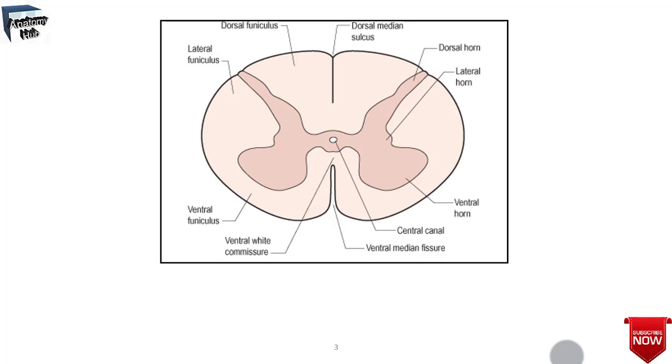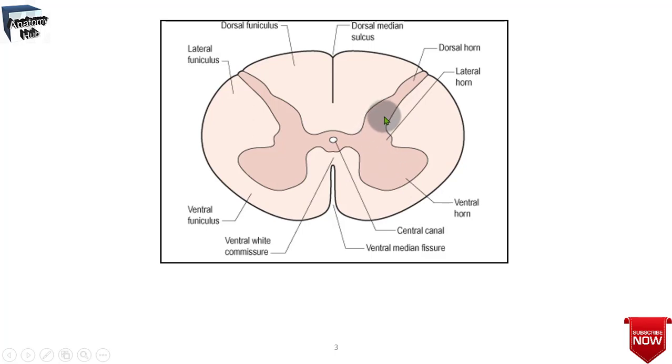Here you'll find the white matter fibers, and here you'll find the gray matter. The gray matter is the collection of cell bodies found within the central nervous system.